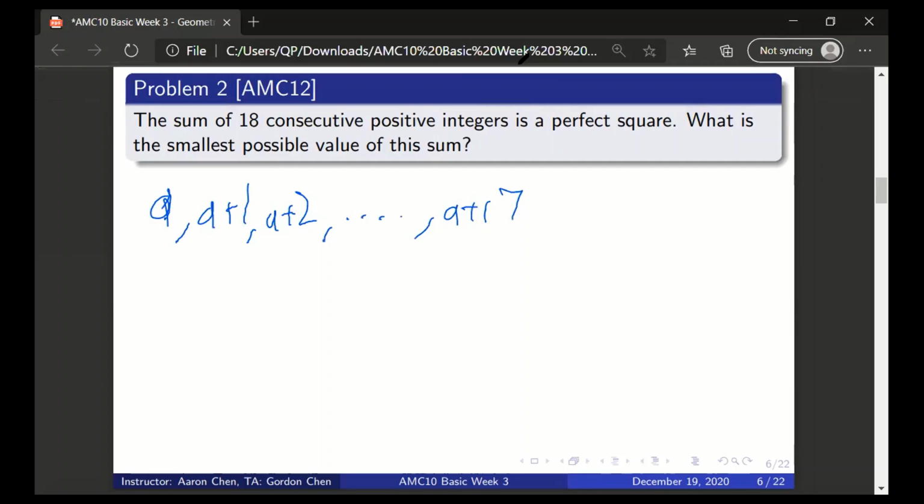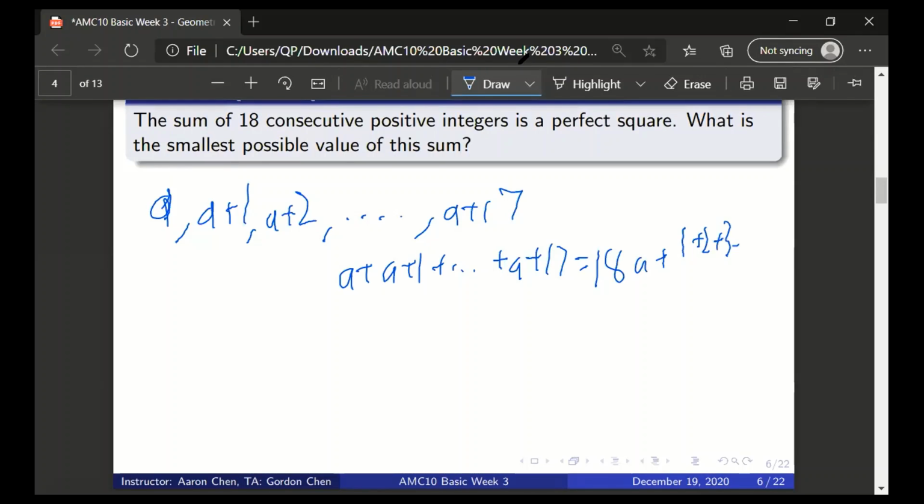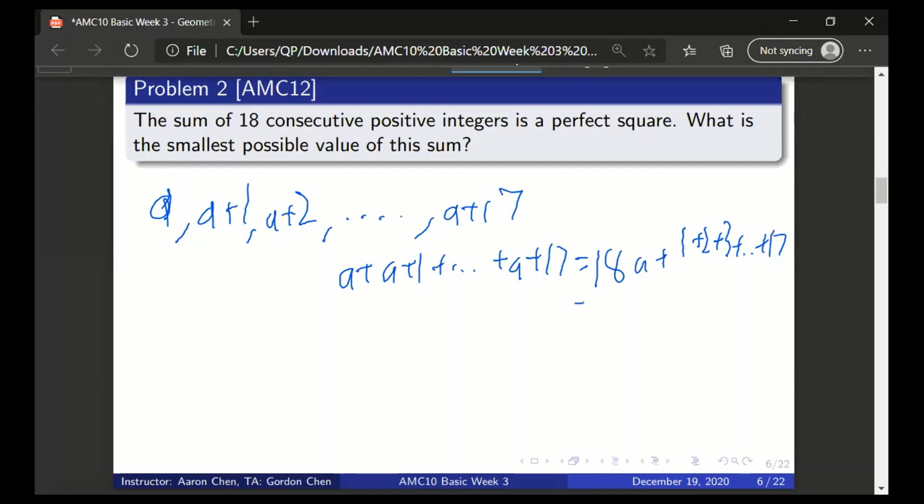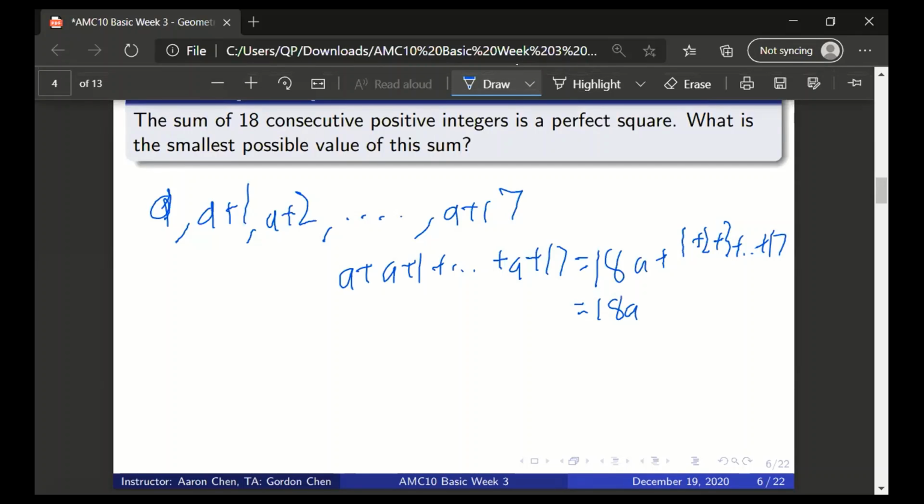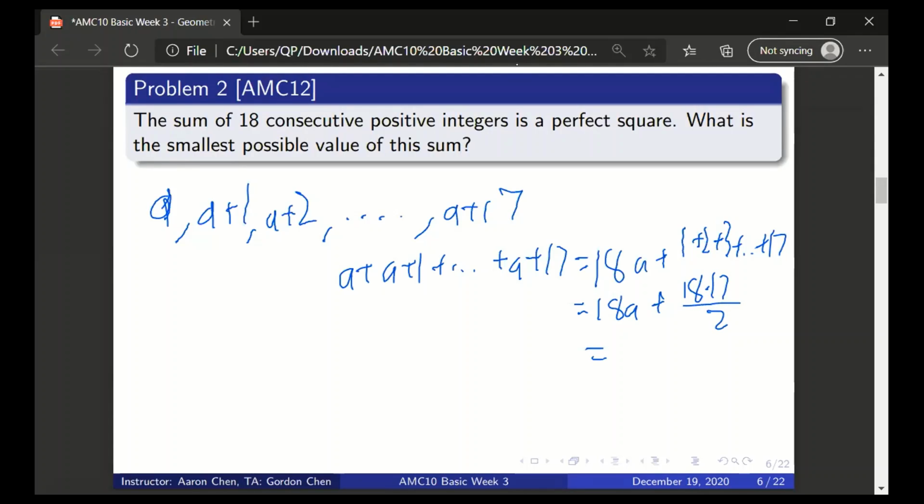And so when you find the sum of all of these, it's 18a plus 1 plus 2 plus 3 all the way to plus 17, which is 18a plus 18 times 17 over 2, or 9 times 2a plus 17.